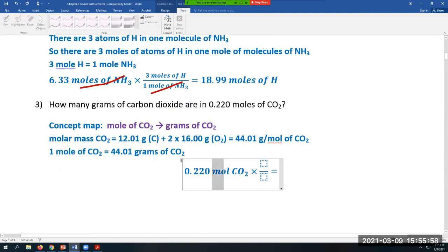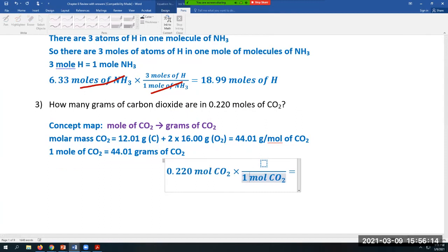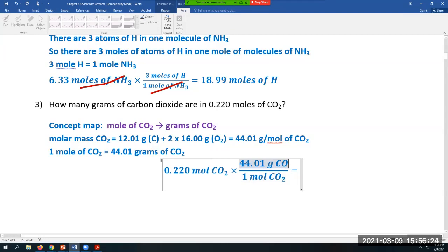And because you have moles of CO2 in your given amount in the numerator, you want to cancel that unit. And so you want to have your conversion factor such that the moles of CO2 will be in the denominator. And here the molar mass gives 44.01 grams per mole, so 44.01 grams of CO2 will go on top.